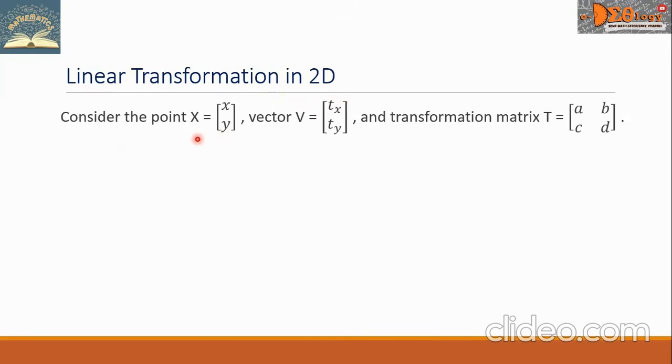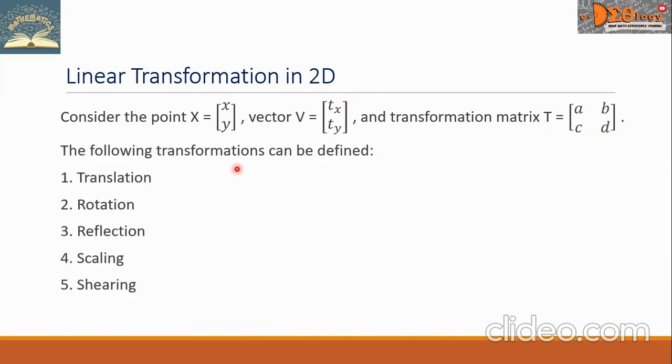Consider the point X equals the column matrix x, y, vector V equals the column matrix with elements t sub x, t sub y respectively, and transformation matrix T equals the 2 by 2 matrix a, b, c, d respectively.